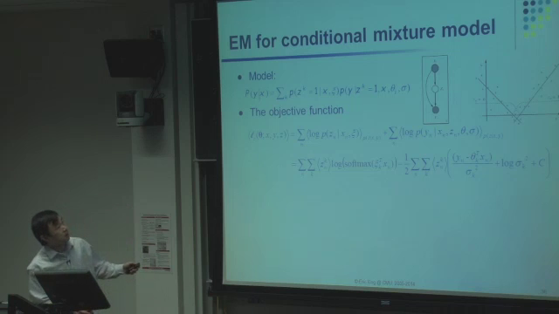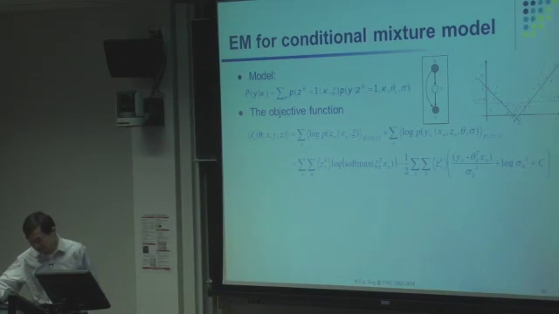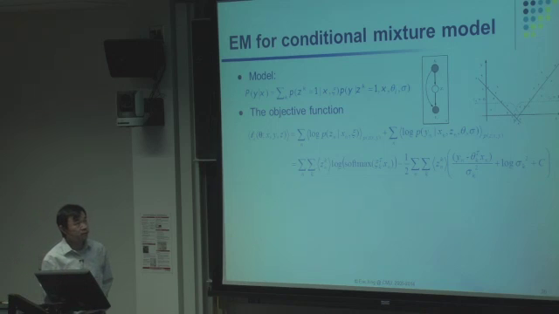The other thing is what is known as the conditional mixture model. I don't know why it's called conditional. It's probably a conditional regression model or something. Anyway, in this case, the x becomes observed, but your choice of what function to build a regression on is still unobserved.